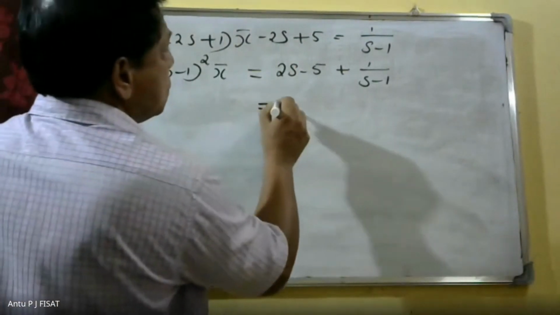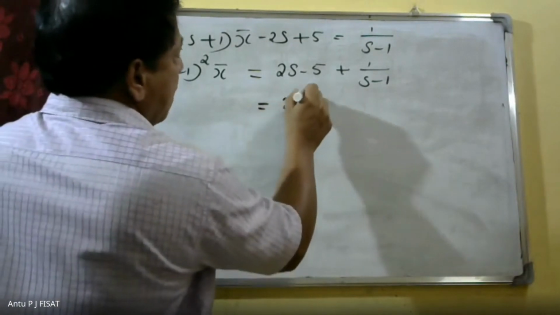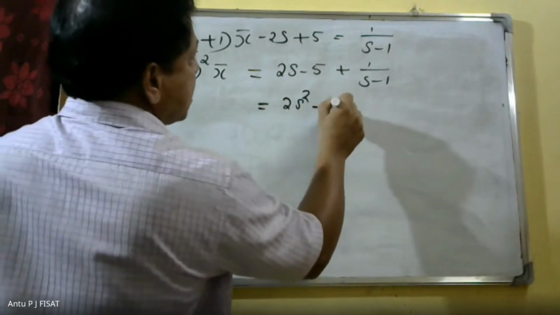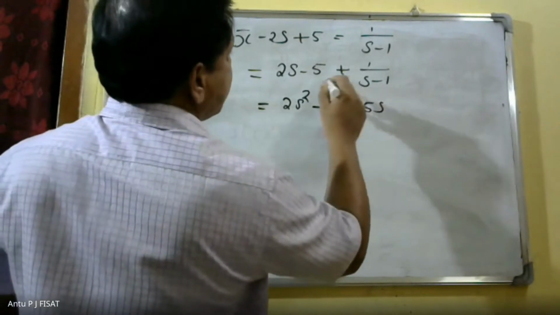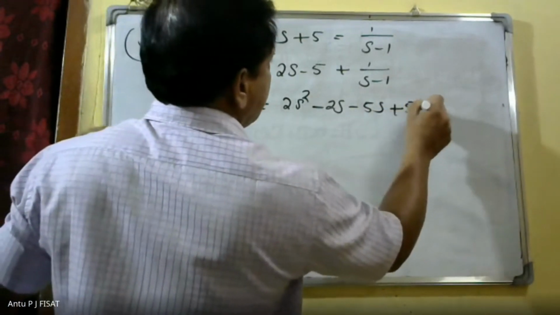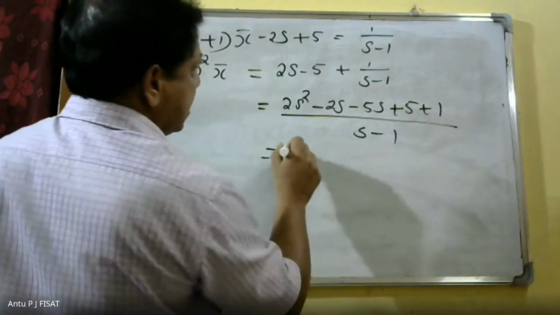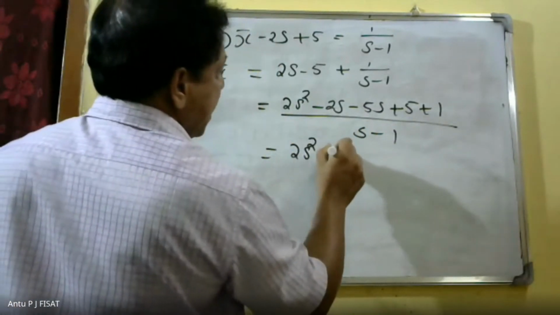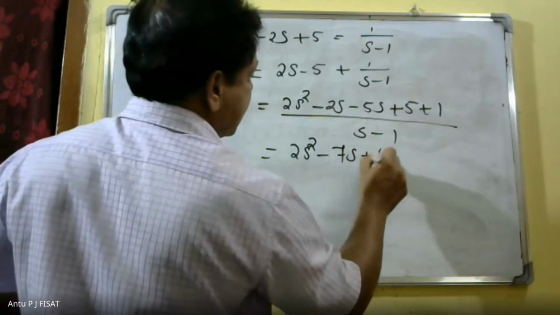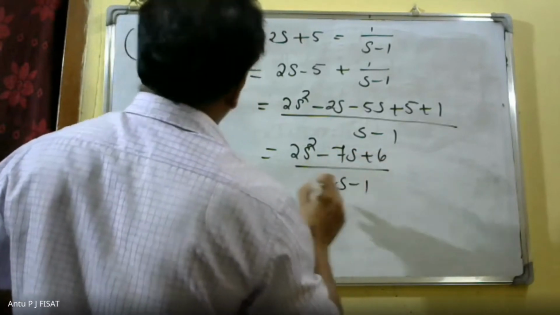That is equal to 2s square minus 2s minus 5s plus 5 plus 1 divided by s minus 1. That is 2s square minus 7s plus 6 divided by s minus 1.